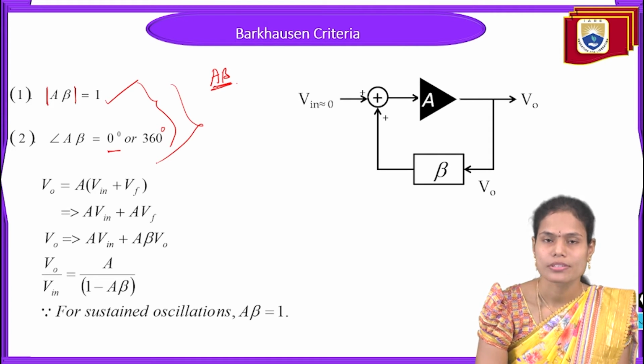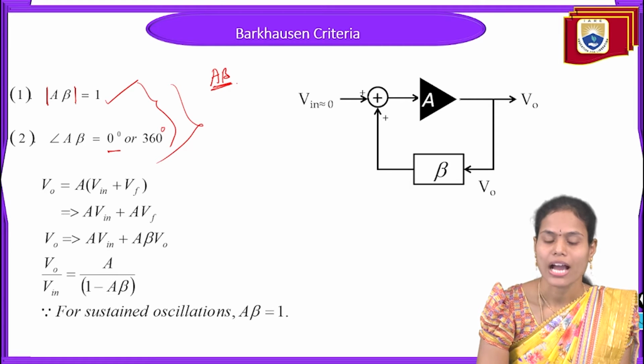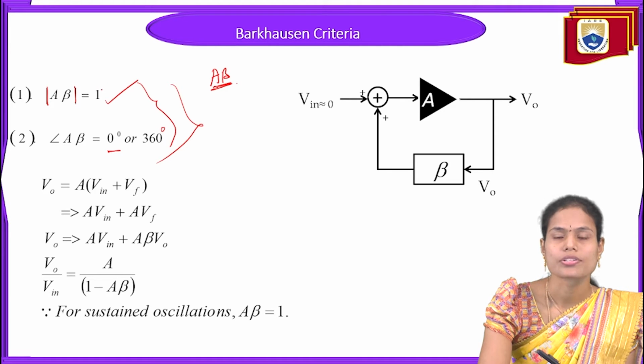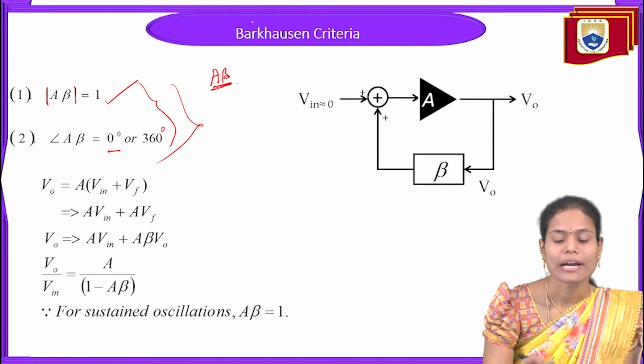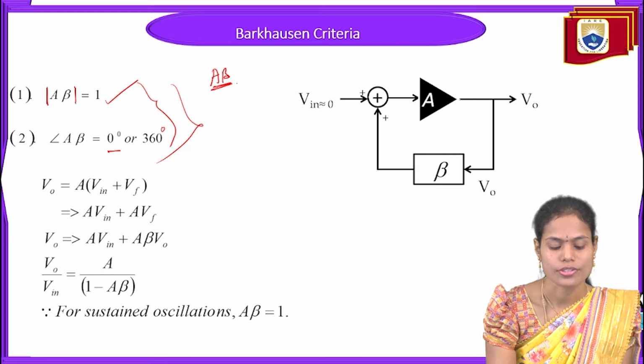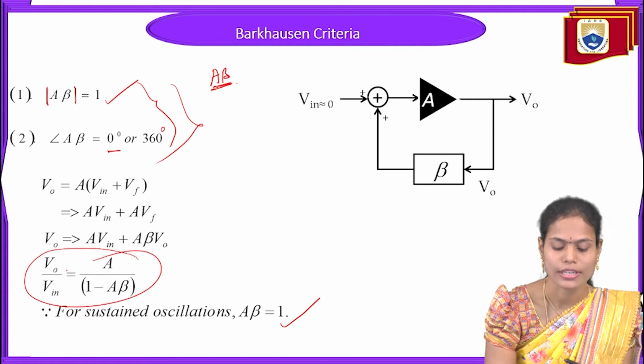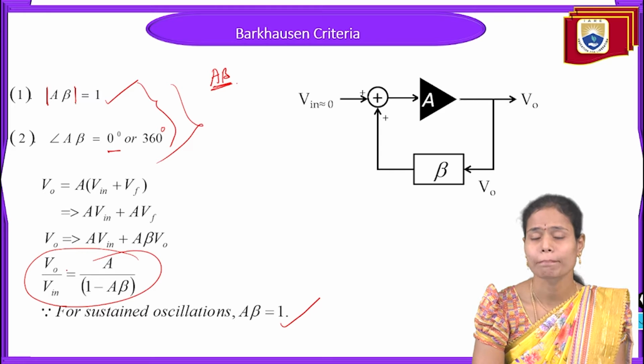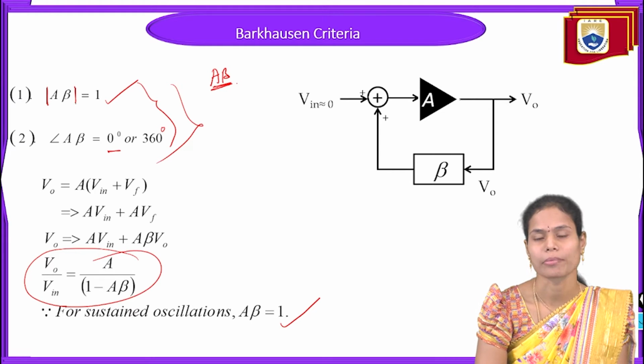So in order to provide sustained oscillations, we have to achieve these two conditions, the magnitude as well as the phase angle conditions given by the scientist Barkhausen. This one we have already discussed, the gain of the oscillator circuit or positive feedback amplifier circuit.